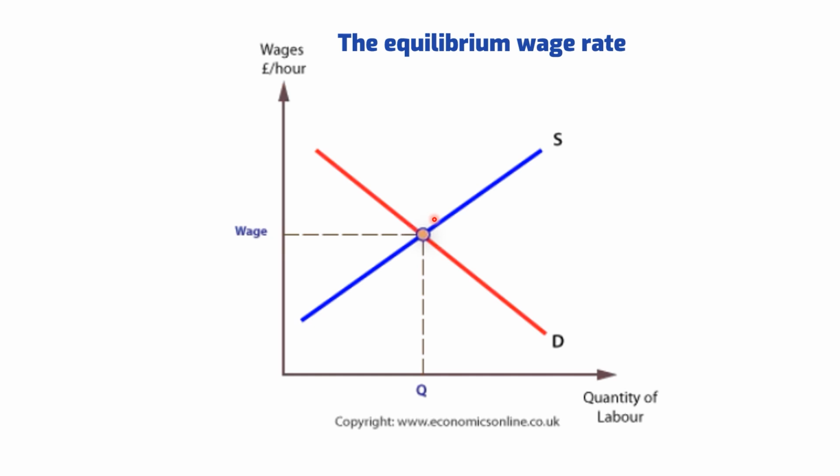If wages are above the equilibrium, there will be a surplus of labor. If wages are below the equilibrium, there will be a shortage of labor, too few workers available for the jobs offered. This mechanism explains why wages tend to stabilize at a certain level, but external factors like government regulations, unions, and economic shocks can shift these curves, as we'll see in the next slides.